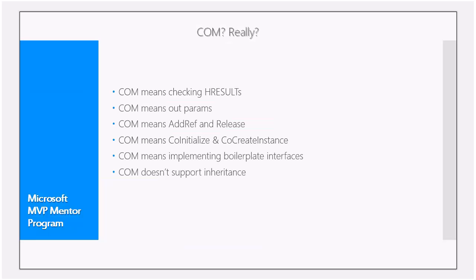With COM, you usually have to check for HRESULTs, whether it's S_OK or a failure, in order to do something else. COM also means output parameters. Since every method returns an HRESULT, you have to return the value from that routine or function as an output parameter, like a reference.